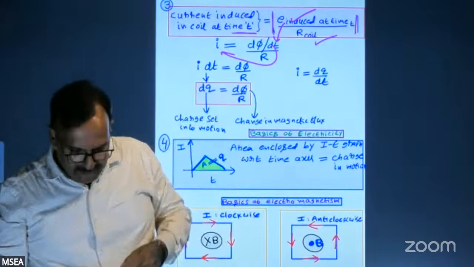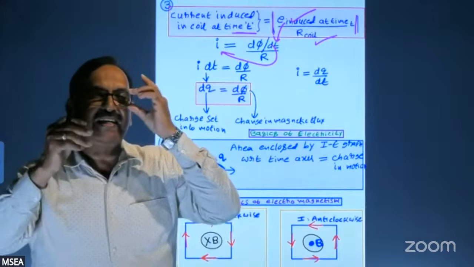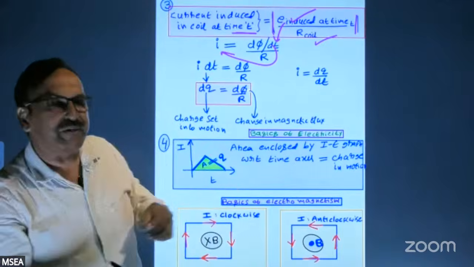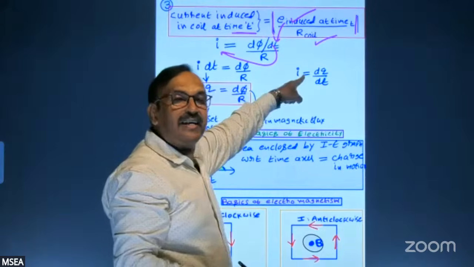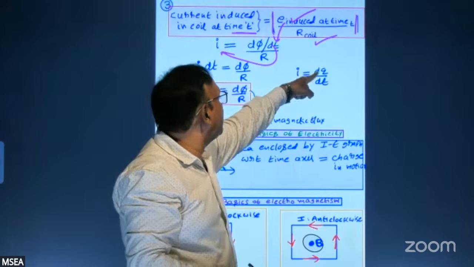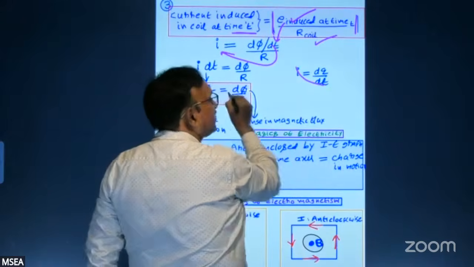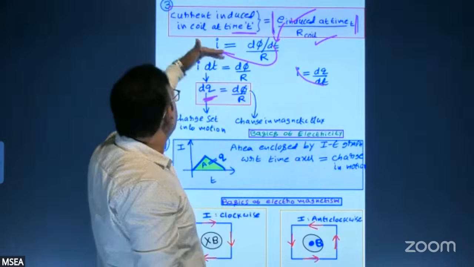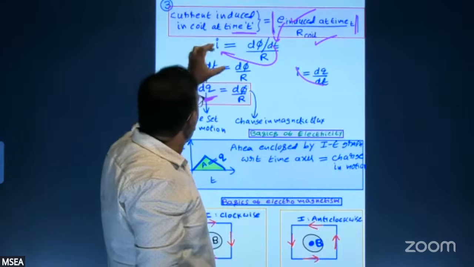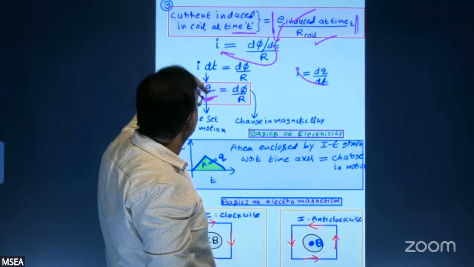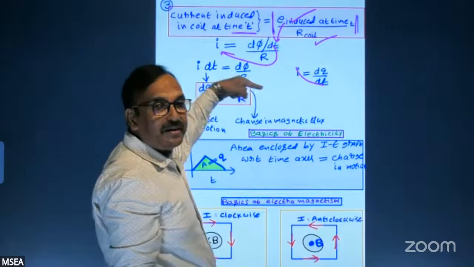The first fundamental point in current electricity is that current is developed whenever charge is set into motion. So current is the rate of flow of charge, dq by dt. This I dt is nothing but the charge that is set into motion, and that comes to be d phi by R.